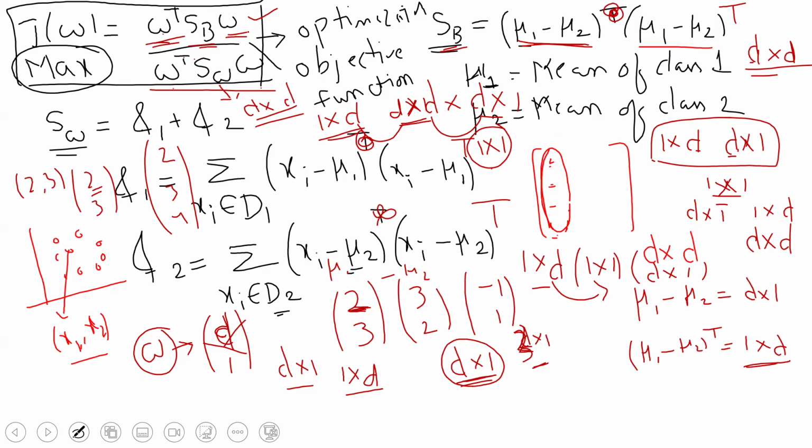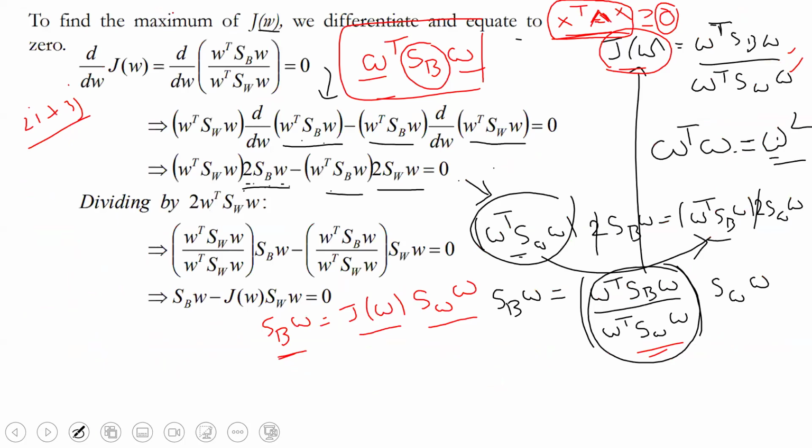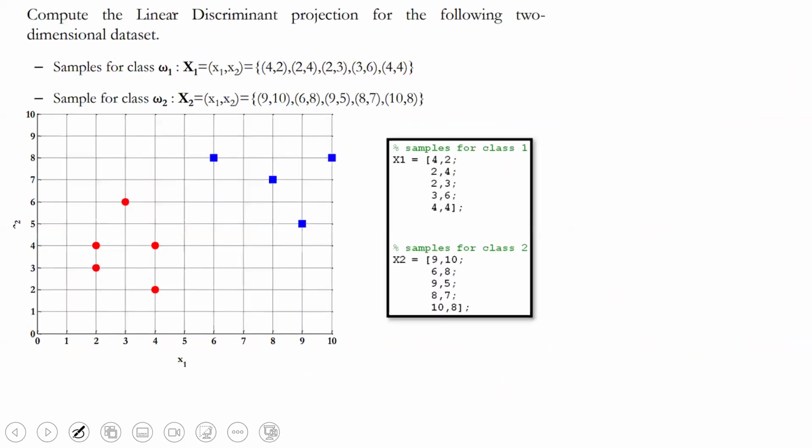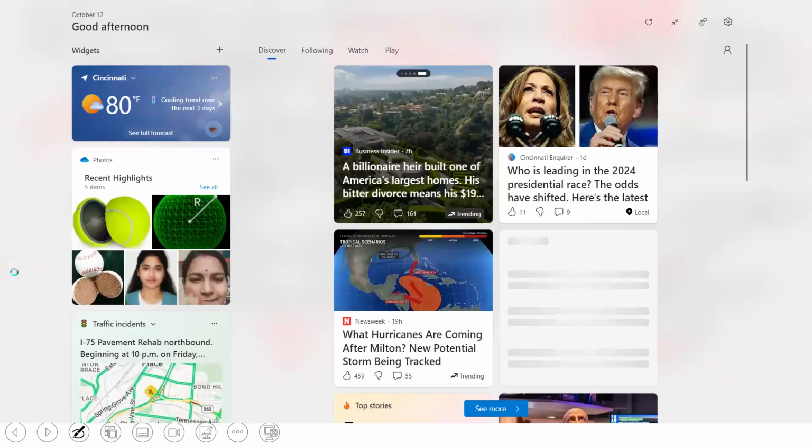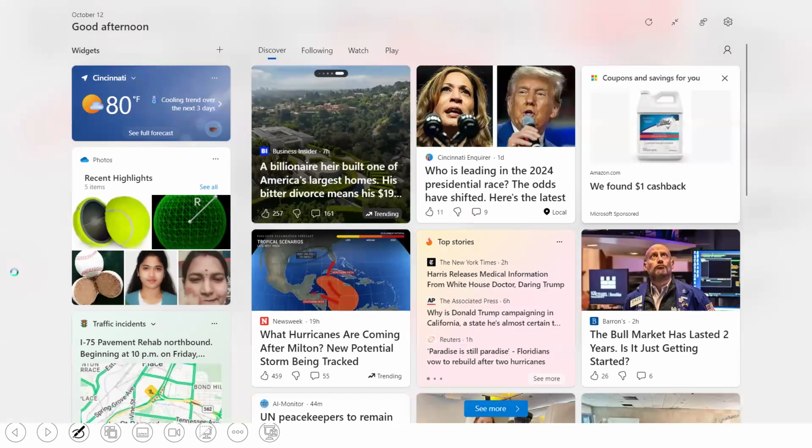So that becomes 1 by 1, and this is also 1 by 1. So this whole thing will become a scalar value. Now we found out that J of W is a scalar value. That's what we have found out, right?